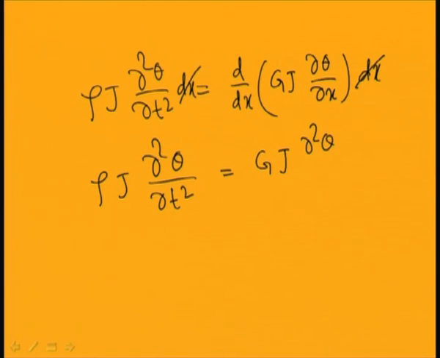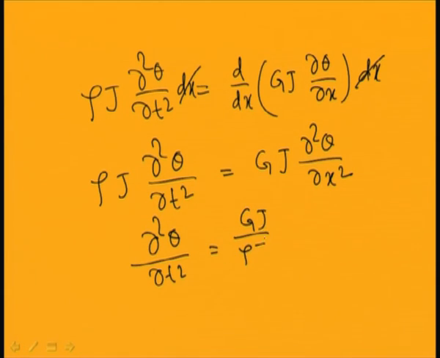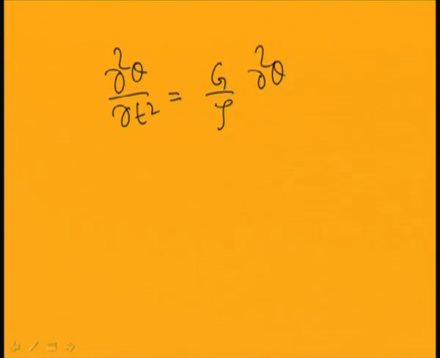∂²θ/∂x², or I can write ∂²θ/∂t² equal to G J by rho J ∂²θ/∂x². The J's get cancelled, so ∂²θ/∂t² equals G by rho, where rho is the mass density, into ∂²θ/∂x².